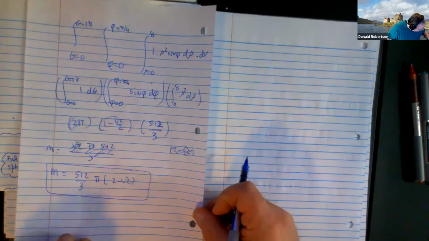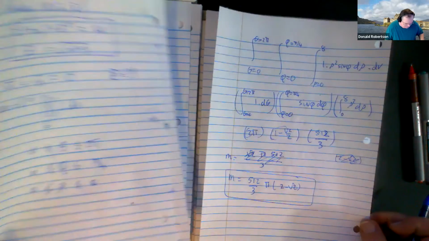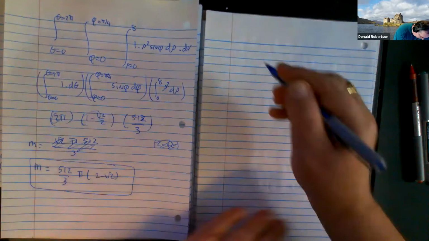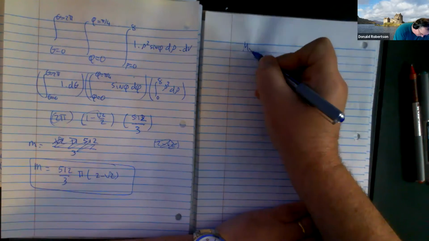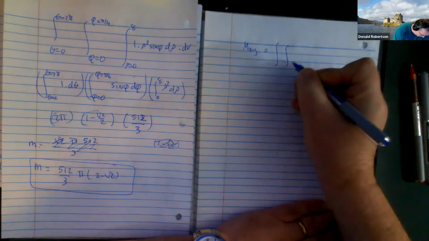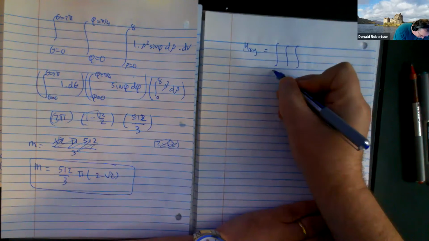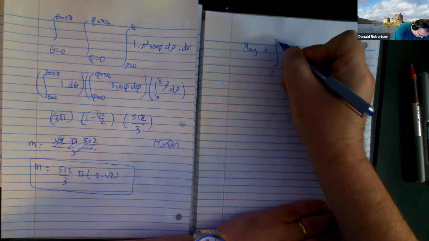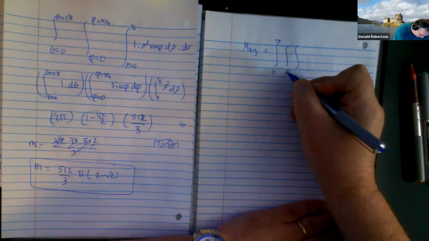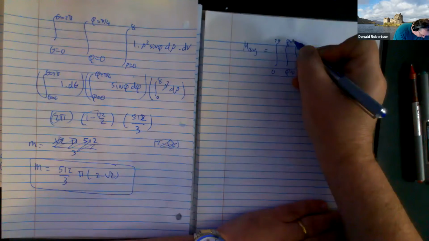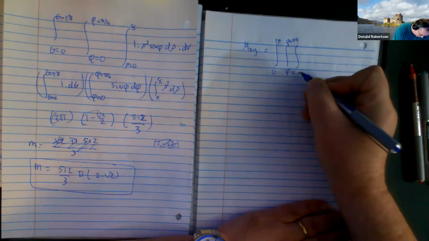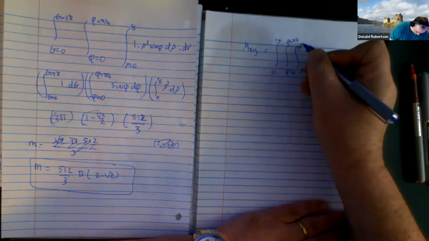That's good. Now the only one we're missing is Z. That means we have to find that fella. So it's going to be the same triple integral as before. 0 to 2 pi, phi equals 0 to pi upon 4, and rho equals 0 to 8, right?